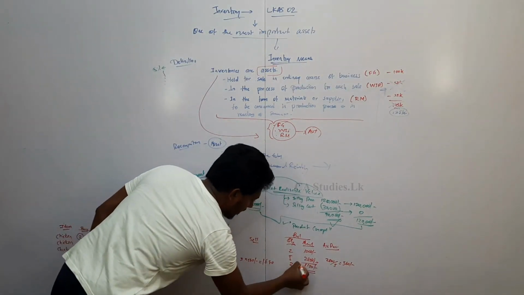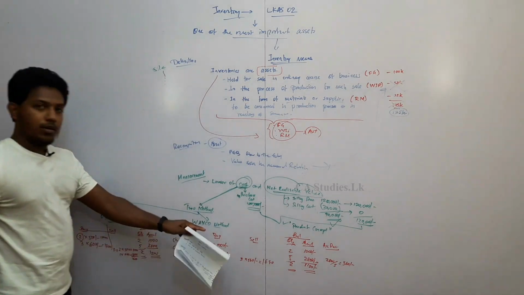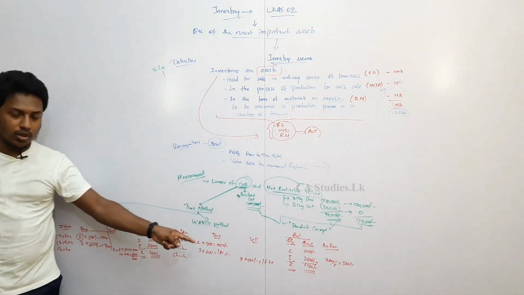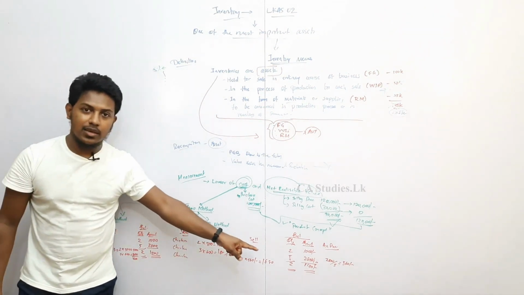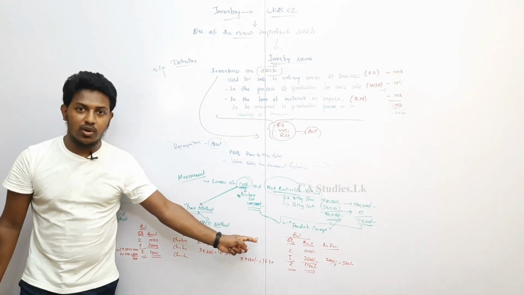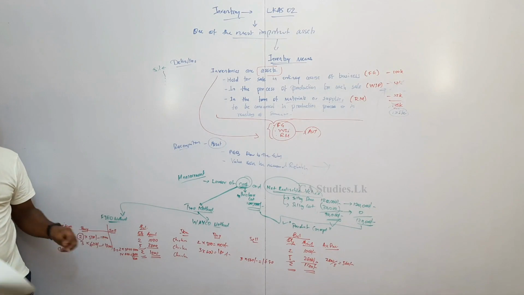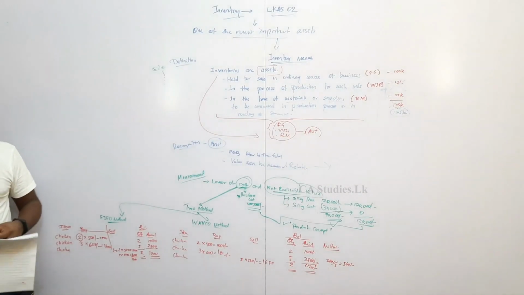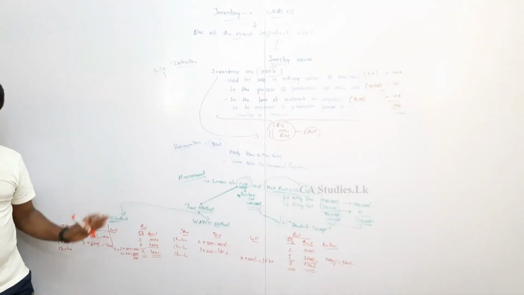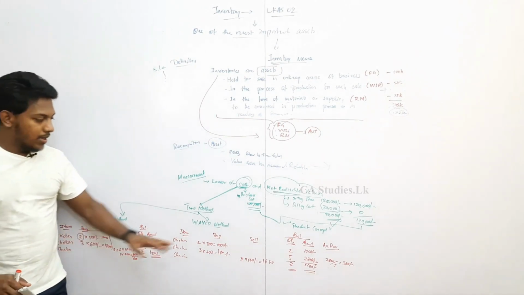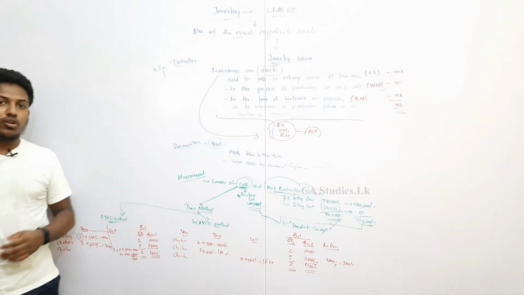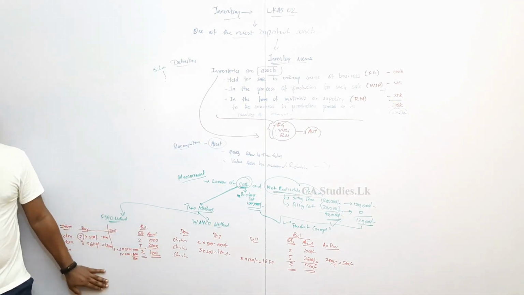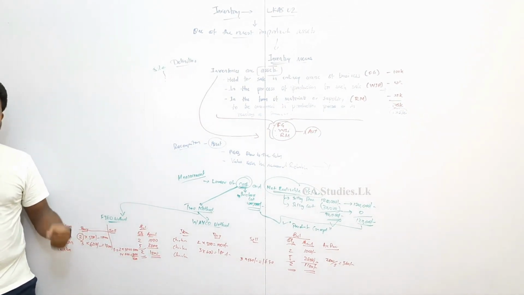Now at the average cost, quantity balance is 2, and in FIFO also quantity balance is 2. Inventory amount is 1120 rupees here, and 1200 rupees there. This is how the average cost and FIFO methods are calculated. In this calculation, I am asking you a question: which calculation is best to show the real inventory cost?